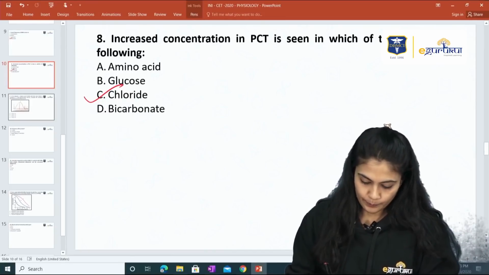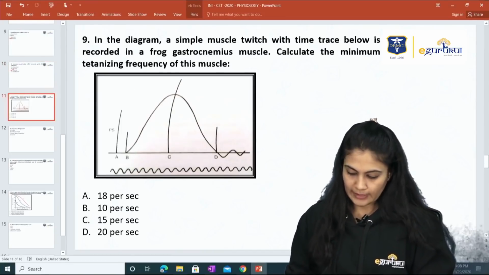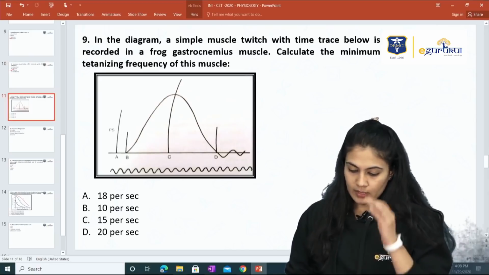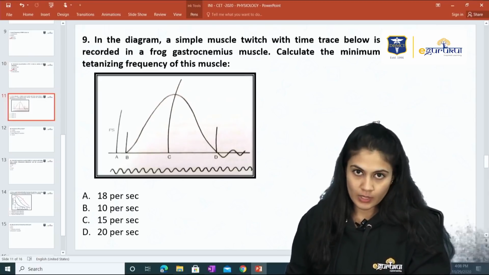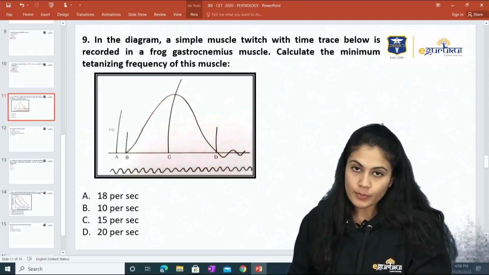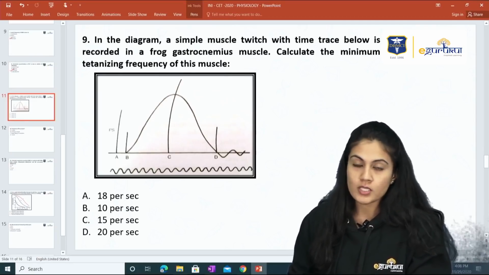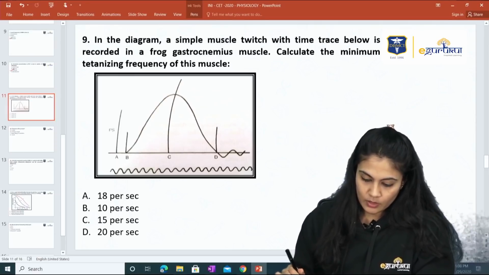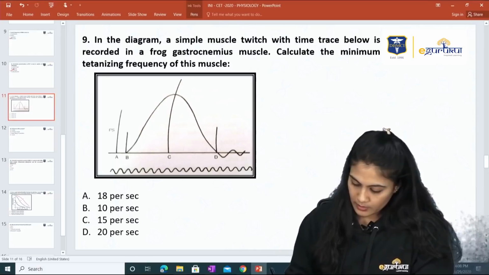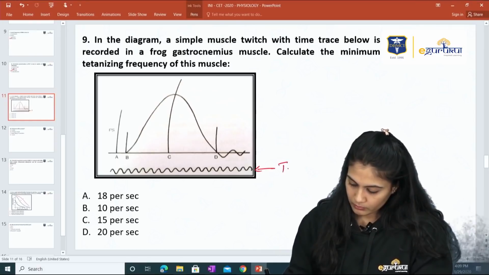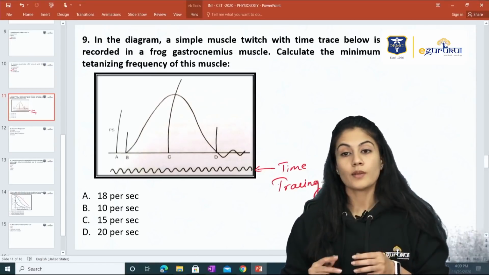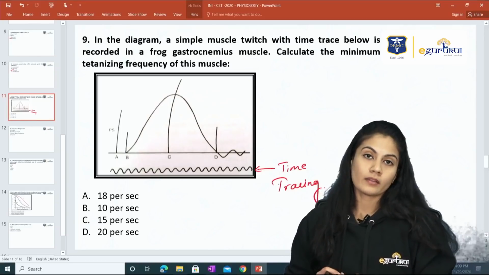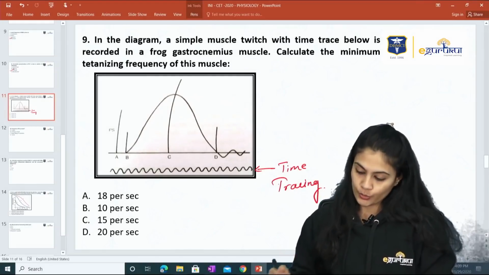Okay, let's move on to the next question. The simple muscle twitch graph is given, and you should know what the latent period, contraction period, and relaxation period are in this case. This is the time tracing, and if the time is not given, that means we recorded it with the help of a vibrating tuning fork.